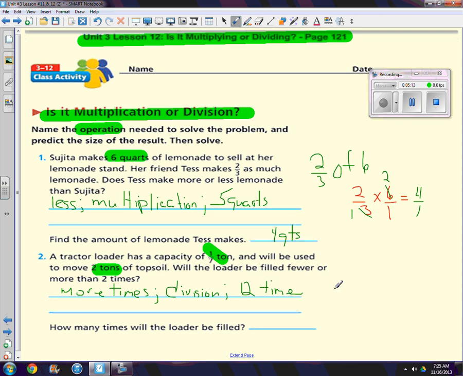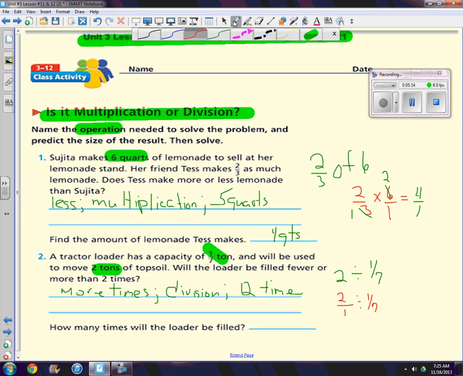All right, so then off to the side, solve the problem. You have 2 divided by 1/7, which is the same as saying 2 over 1 divided by 1/7.